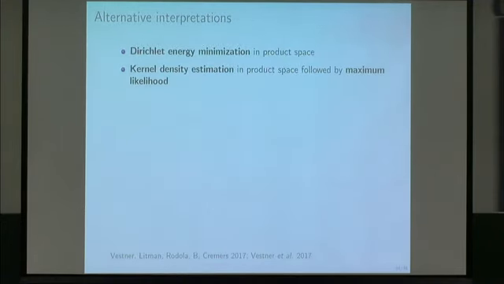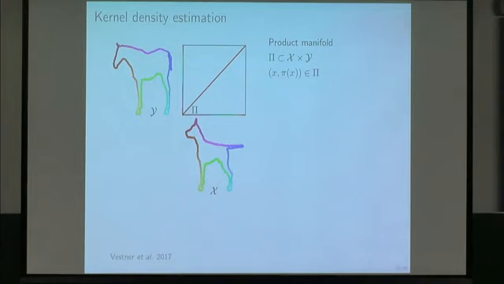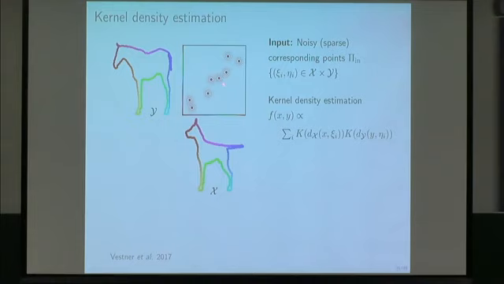Another interpretation: we can think of what we are doing as kernel density estimation followed by some kind of maximum likelihood procedure. If this is a 2-dimensional visualization of the product manifold, let's say we are given a few sparse noisy points as the input correspondence. We put 2-dimensional kernels around each point, and this is an empirical estimate of the density of the correspondence.